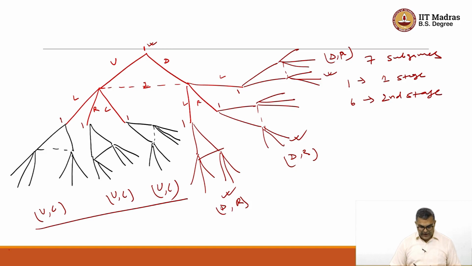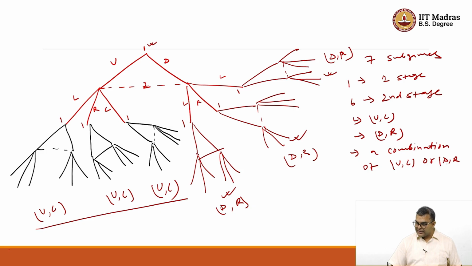It has to be self-binding. And we have already figured out that only a Nash equilibrium is self-enforcing. Otherwise, if it is not a Nash equilibrium, players have an incentive to deviate. Therefore, any combination is now possible: in all 6 subgames, U, C is played, or D, R is played, or a combination of U, C and D, R could be played.